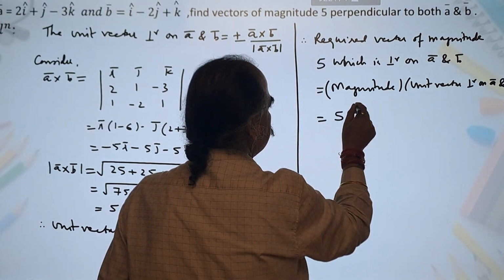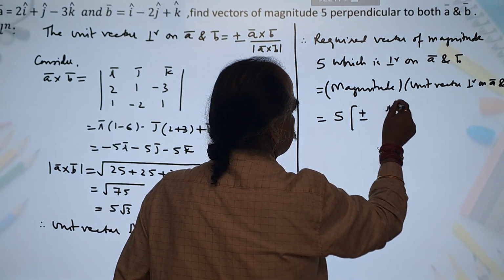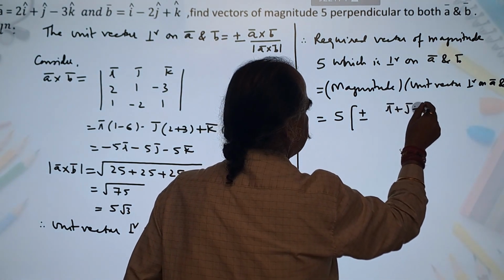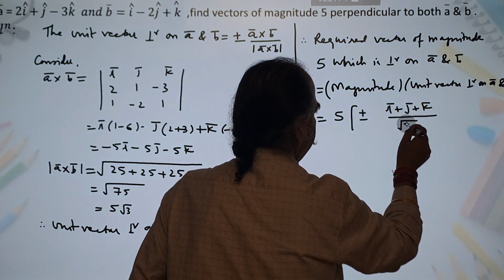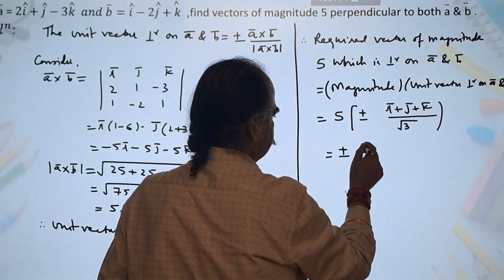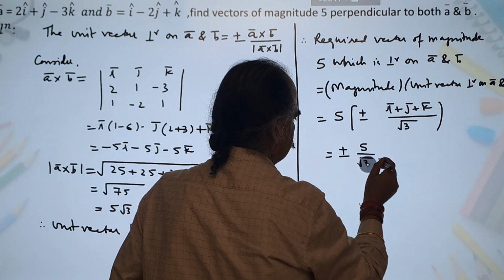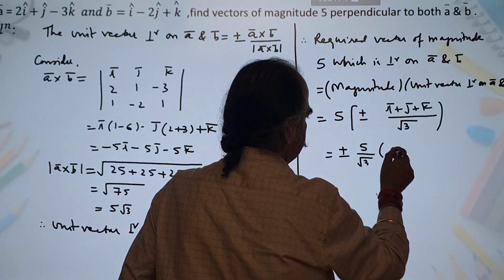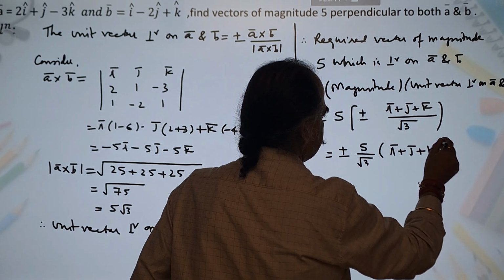So 5 into plus minus I plus j plus k upon root 3, that is plus minus 5 by root 3 into I bar plus j bar plus k bar.